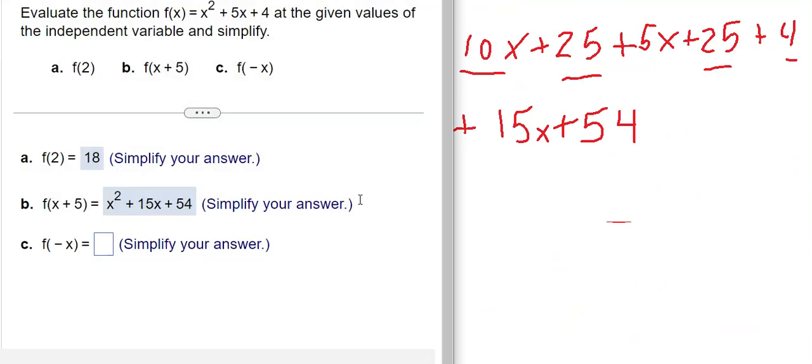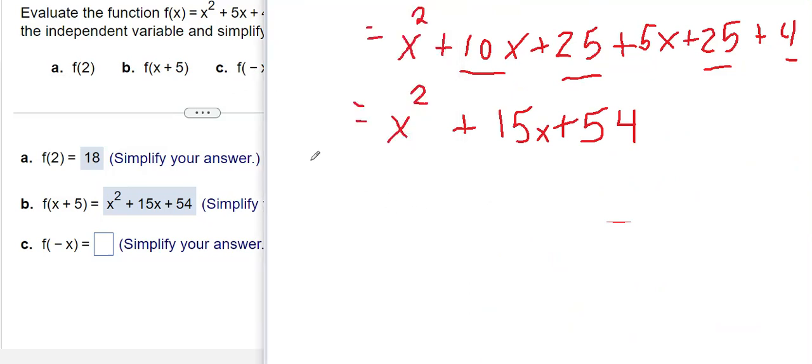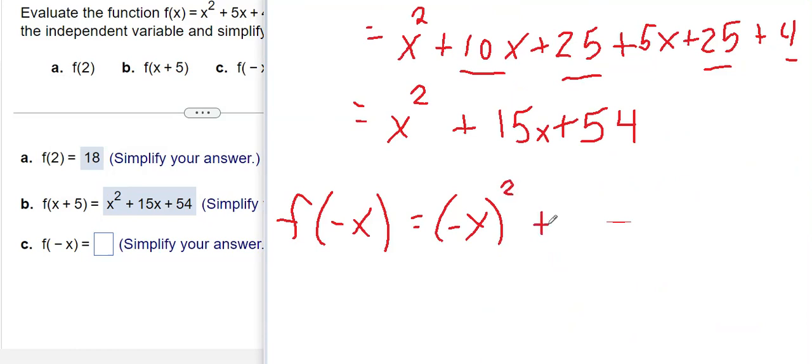All right. Now the last part is to put in negative x, the opposite of x. So f of negative x, need the parentheses here, negative x squared plus 5 times negative x plus 4. All right, I got to watch my signs here. A negative times a negative is a positive x squared.